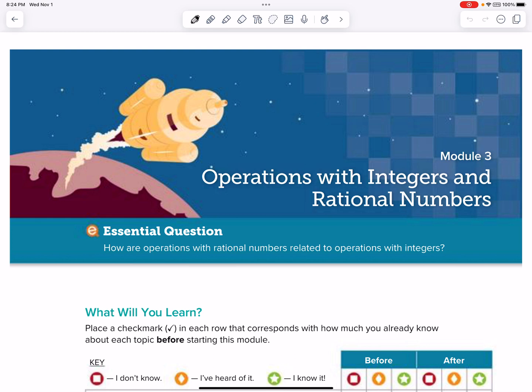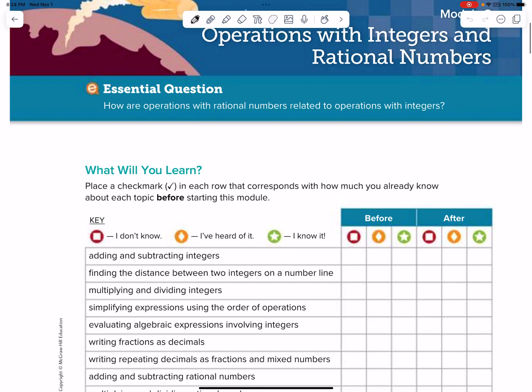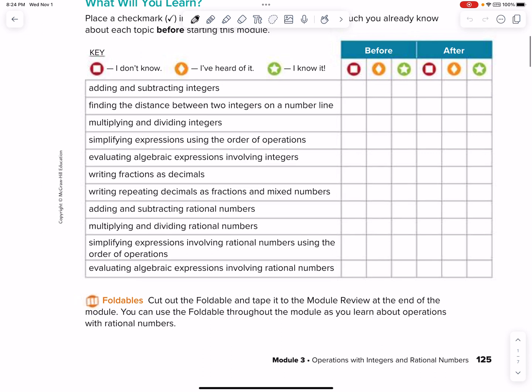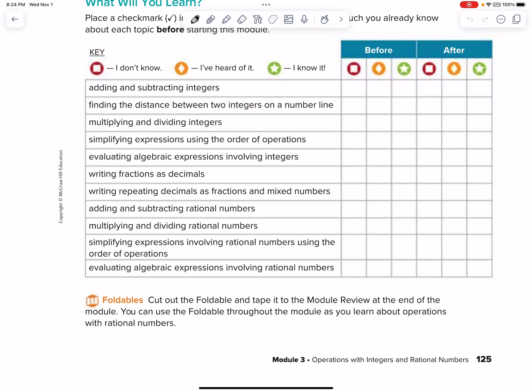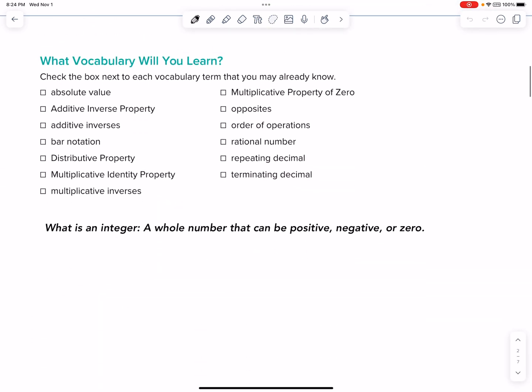Anyway, what we're going to do is take a look at this real quick. Your essential question: how are operations with rational numbers related to operations with integers? So we're going to start off by just focusing on integers. You can see all the "what you'll learn" statements there. So a lot of good stuff. Some new vocabulary for you that you're probably not aware of.